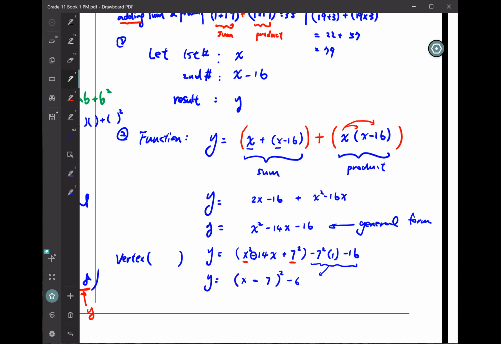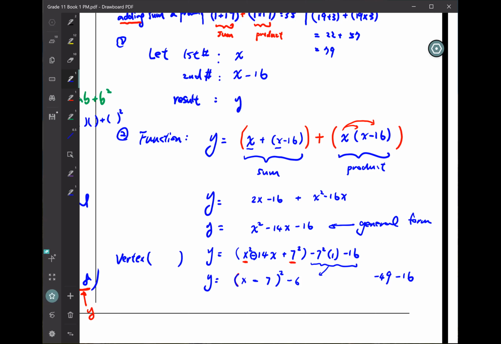How did you get that? Wouldn't negative 7 squared be 49? Negative 49. Times it by 1. Wouldn't it stay negative 49? And then minus 16, wouldn't that just bring it to negative 64?